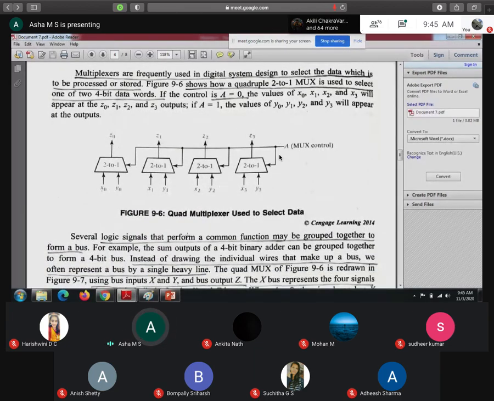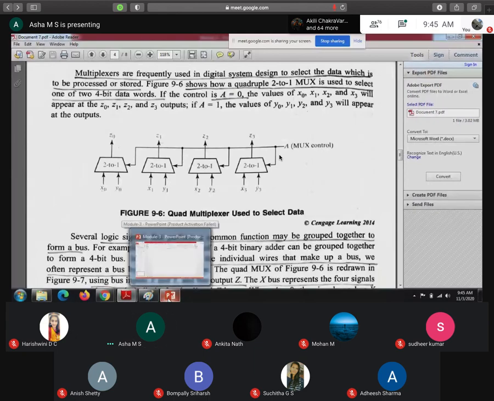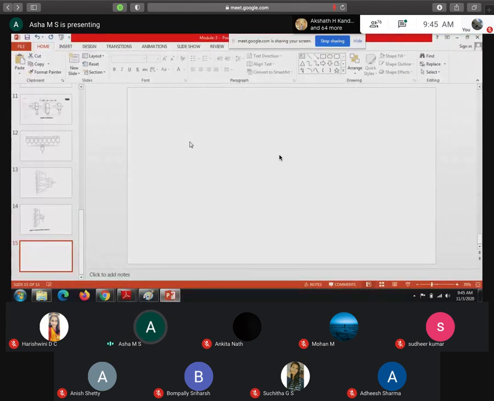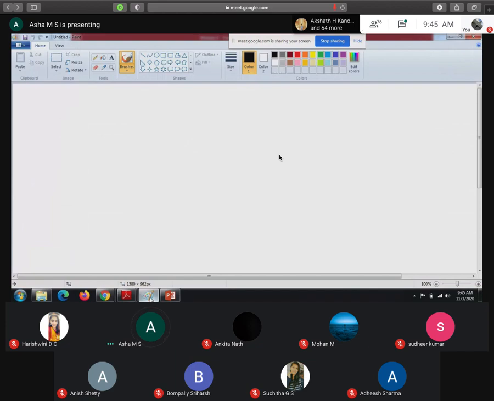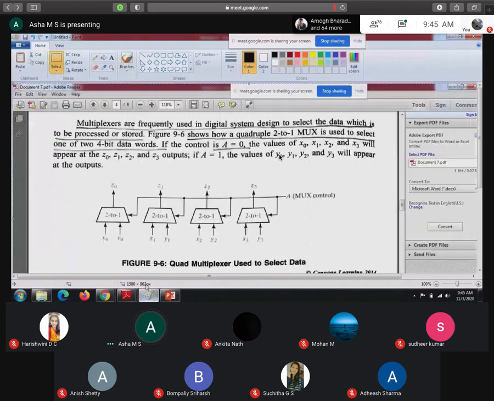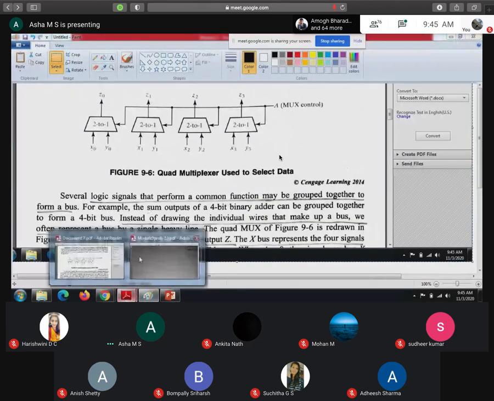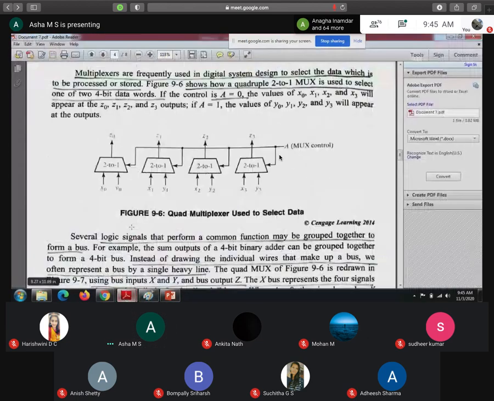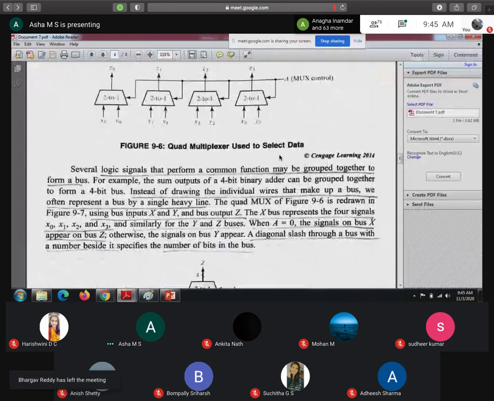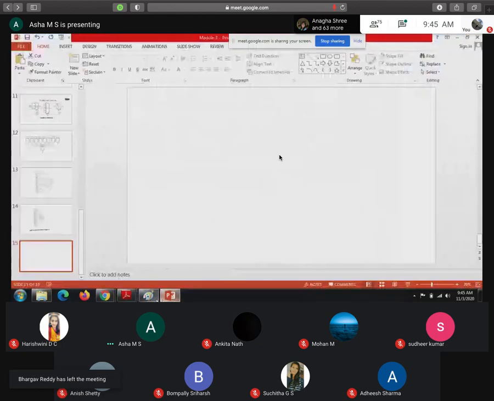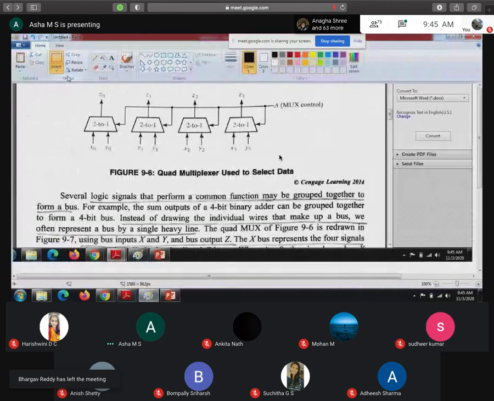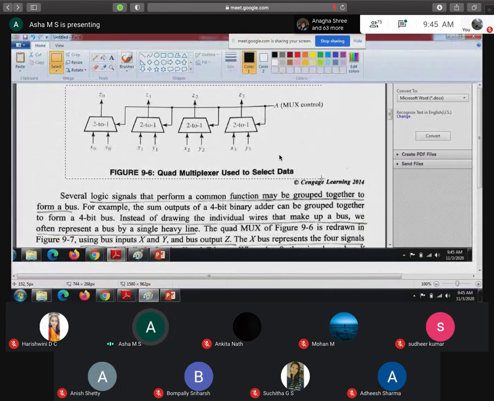Quad multiplexer used to select the 4-bit data.